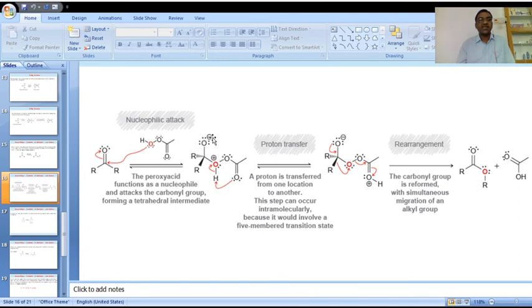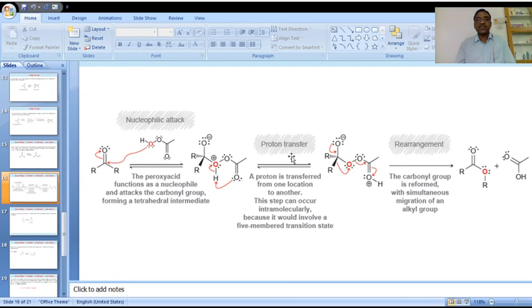This is the tetrahedral intermediate, a tetrahedral structure. From this, the proton transfer takes place. The OH bond cleaves and neutralizes this particular positive oxygen. This is the proton transfer step.